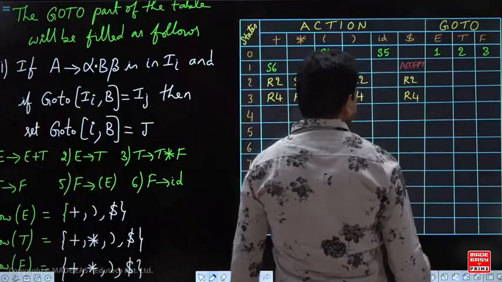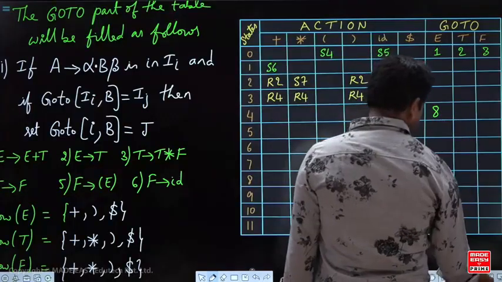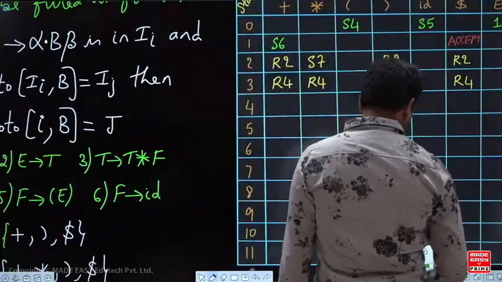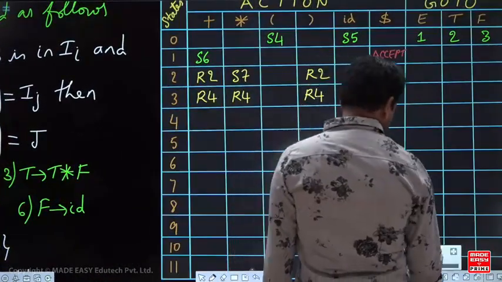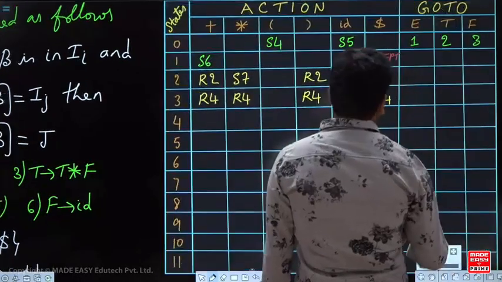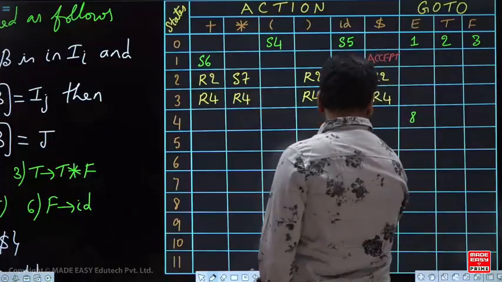For non-terminals, we write only the number. I4 comma E, we write the number only.